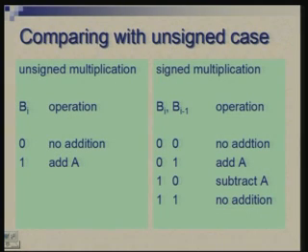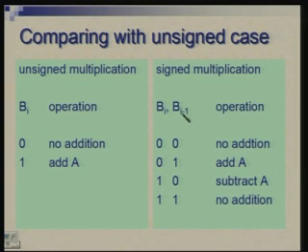So, let us compare unsigned multiplication and signed multiplication here. In unsigned multiplication, as we saw earlier, we look at b i, which can be either 0 or 1, and accordingly we either perform no addition or perform addition of a. Whereas in signed multiplication, we look at 2 bits together, okay, b i and b i minus 1.